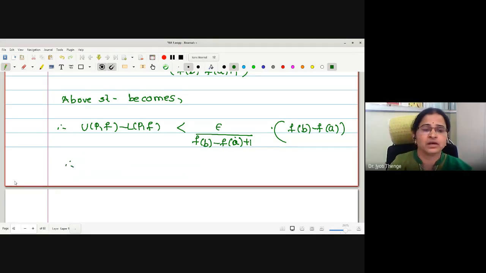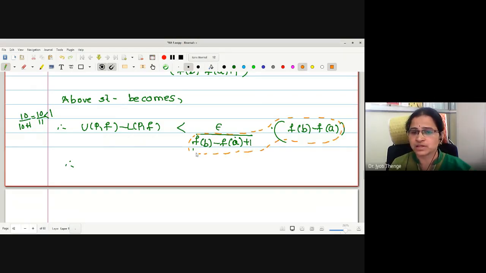Suppose I am taking f of b minus f of a as 10. Then what about the denominator? This is 10 plus 1, that is 11. And this number is going to be less than 1 always. Therefore, f of b minus f of a upon f of b minus f of a plus 1 is going to be less than 1 always. Less than 1 into epsilon, therefore together it gives me less than epsilon.